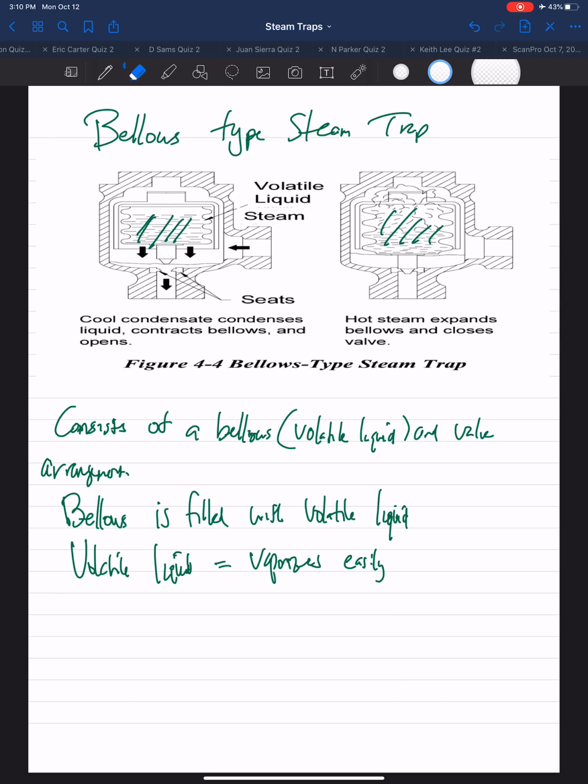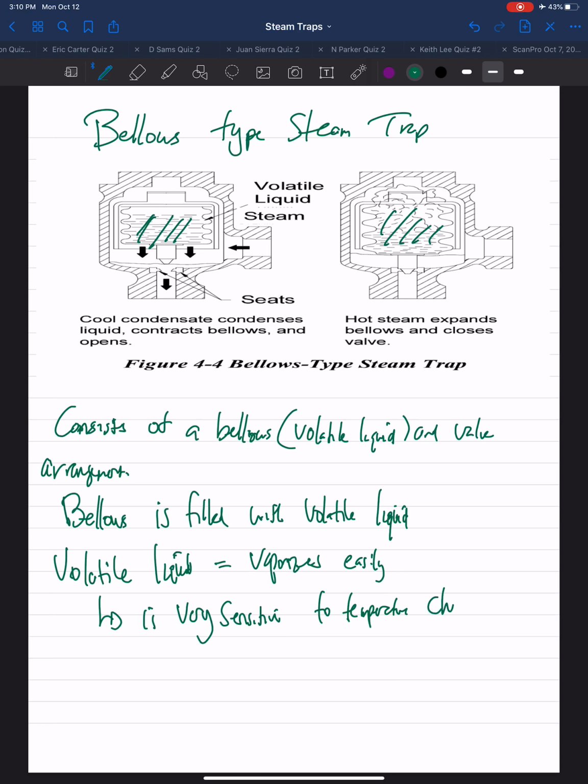So the volatile liquid is very sensitive to temperature changes, which means it expands and contracts with temperature changes. And this expansion and contraction operates the valve.